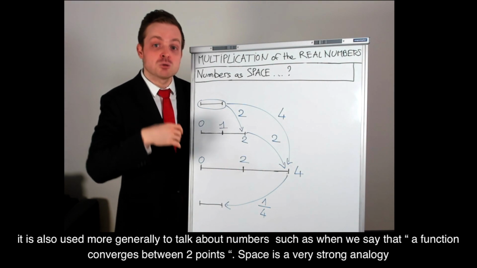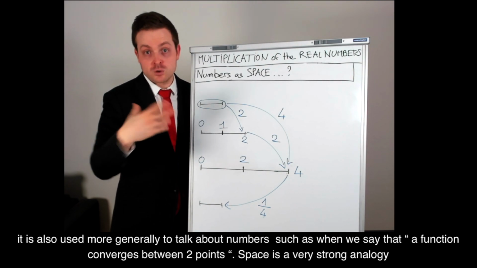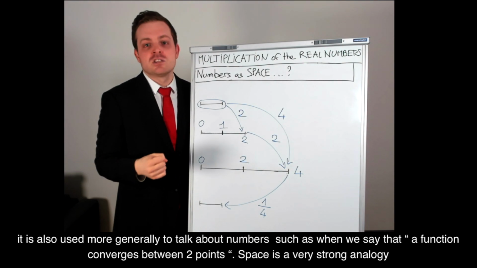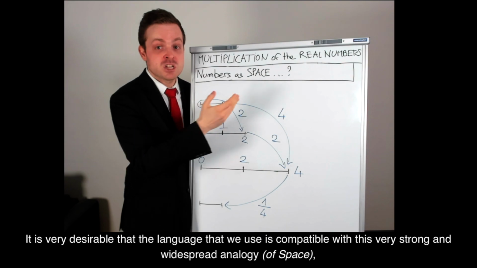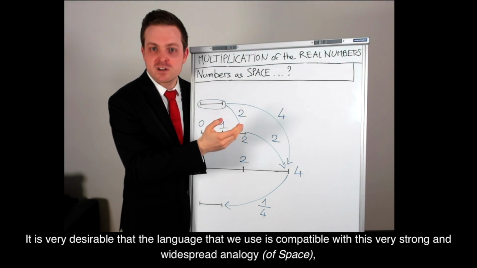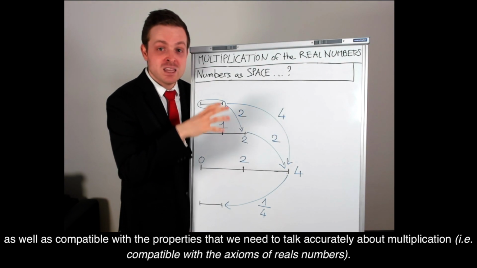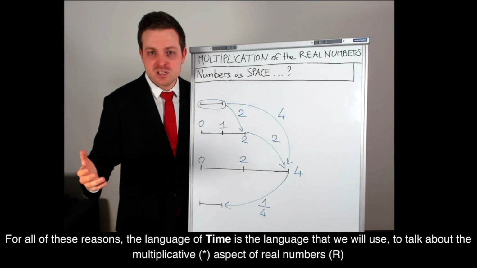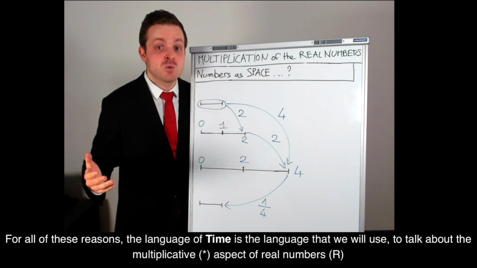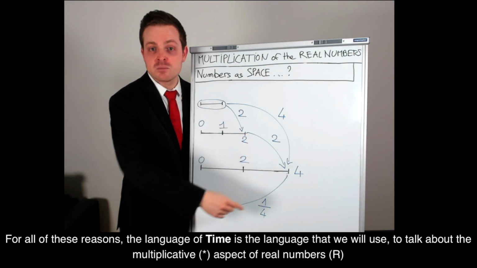It's also used more generally to talk about numbers, such as when we say that a function converges between 2 points. So it is a very strong analogy, and it is very desirable that the language that we use is compatible with this very strong and widespread analogy, as well as compatible with the properties that we need to talk accurately about multiplication. For all of these reasons, the language of time is a language that we will use to talk about the multiplicative aspect of real numbers.